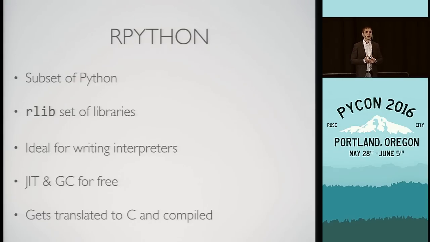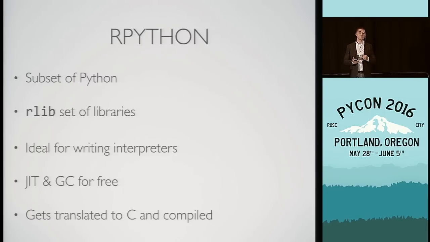Second of all, because there's this whole toolchain involved of compiling our Python to C code, we no longer have access to the standard library. So RPython also comes with its own standard library, rlib, which has a set of libraries. So that's kind of a limitation of writing anything with RPython, that you no longer have access to the standard tools you've had before. So while it kind of looks like Python, not everything is available.